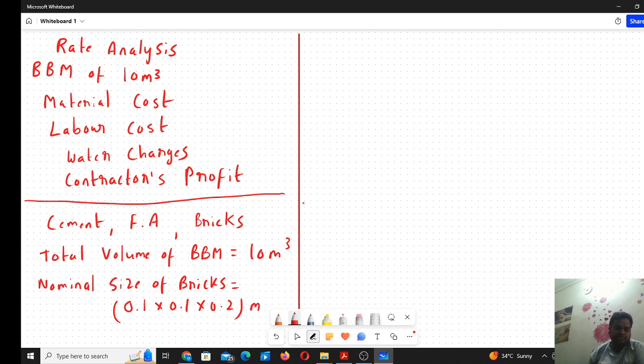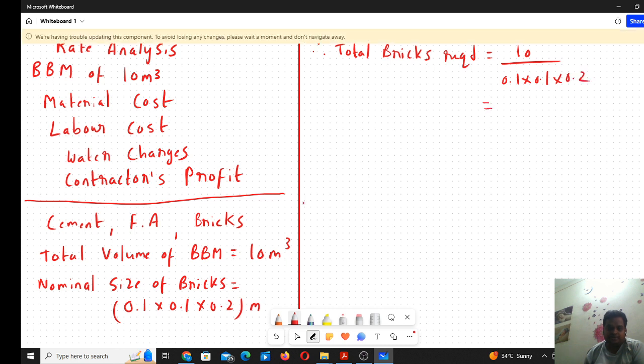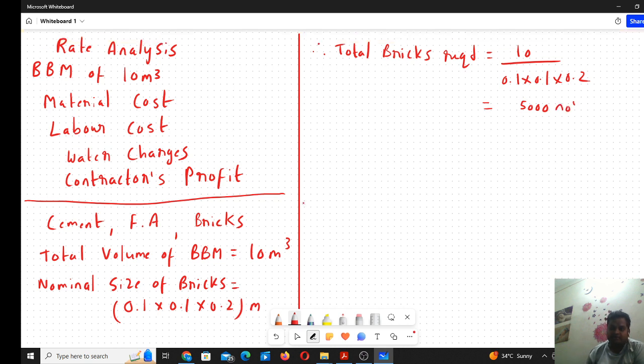Therefore total bricks required will be equal to 10 upon 0.1 into 0.1 into 0.2, which comes out to be 5000 bricks required for 10 m cube of brick masonry.